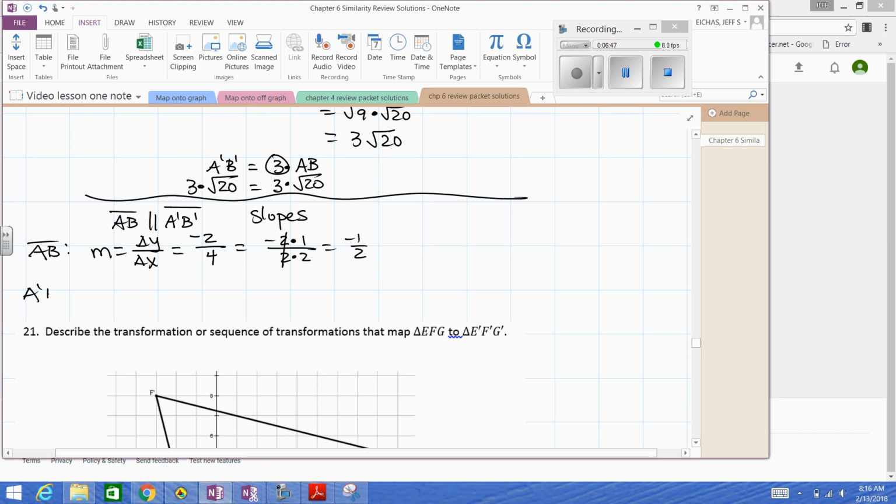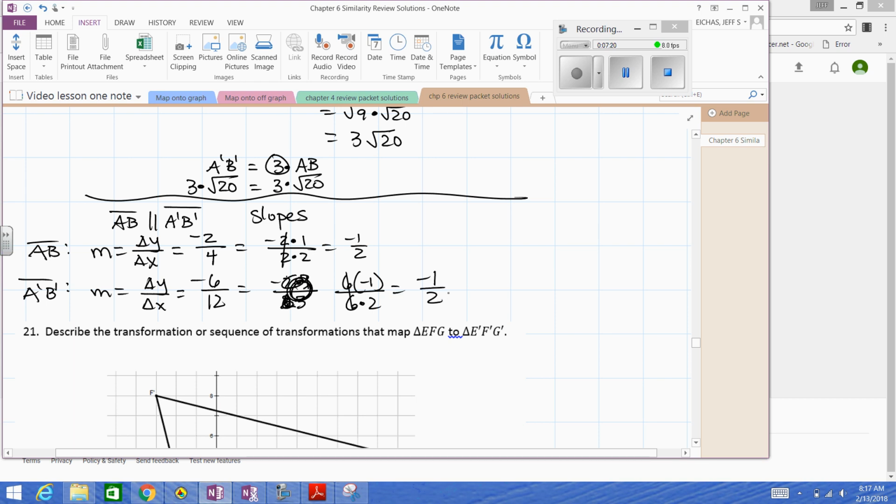Okay, now for A prime B prime, go back up and look for the rise over the run, or the change in y over the change in x. That was going to be 6 and 12. Okay, take out a 6. 6 times negative 1 and 6 times 2, knock out the 6.